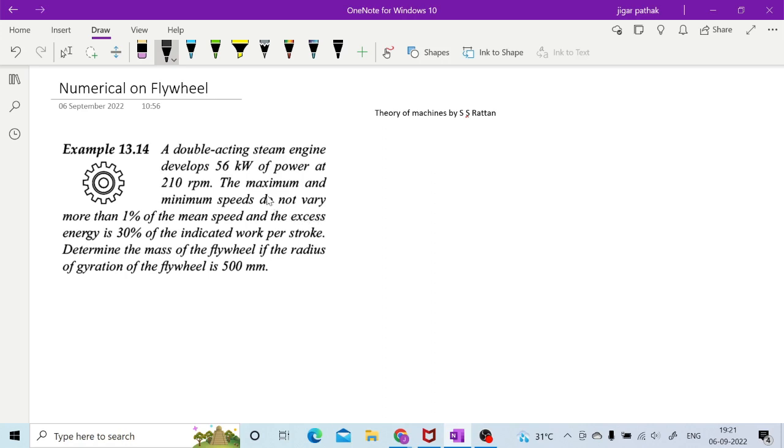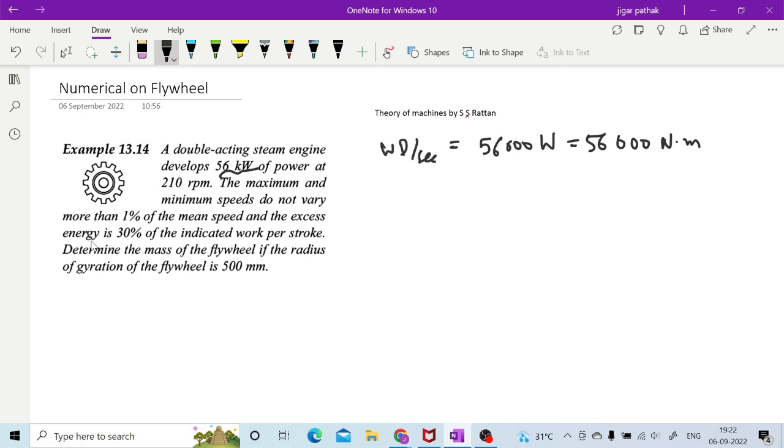So first, what is provided here is work done per second, right? Work done per second is given as 56,000 watt, because power is mentioned as 56 kilowatt, right? So this you can also write in terms of Newton meter per second, 56,000 Newton meter.